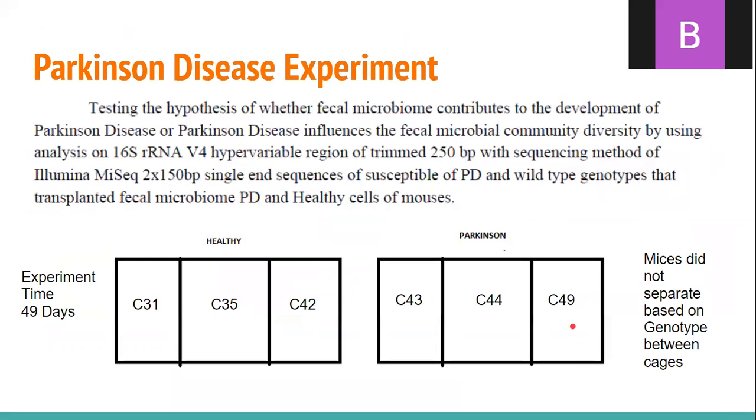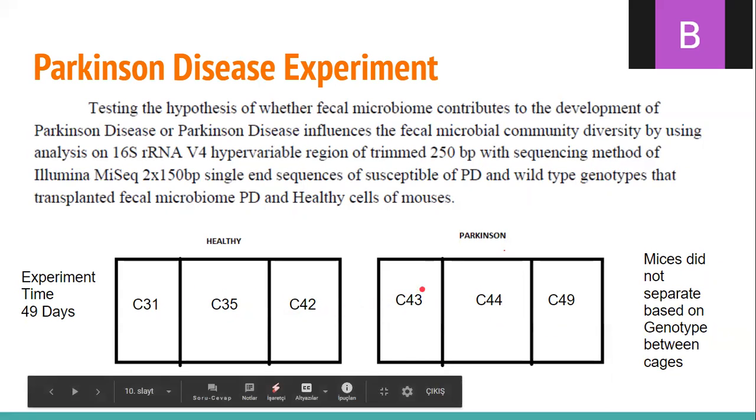Okay, this is the experiment I mentioned before. We test the hypothesis of whether Parkinson's disease influences the fecal microbiome or the microbiome contributes to PD. For the investigation, mice with the susceptible Parkinson's disease genotype and wild type genotype were put in 6 cages, mixed.